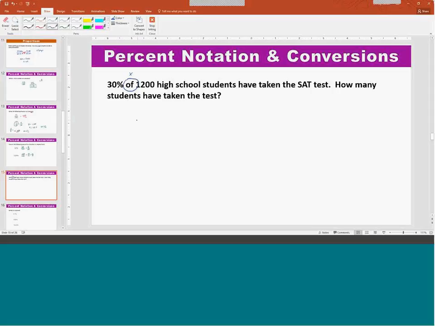The simplest way is to change the percent into a decimal. 30% is the same as 0.3 or 0.30, and we're going to multiply that by 1,200. If we multiply 1,200 times 0.3, we get 360. So 360 students have taken the SAT test.